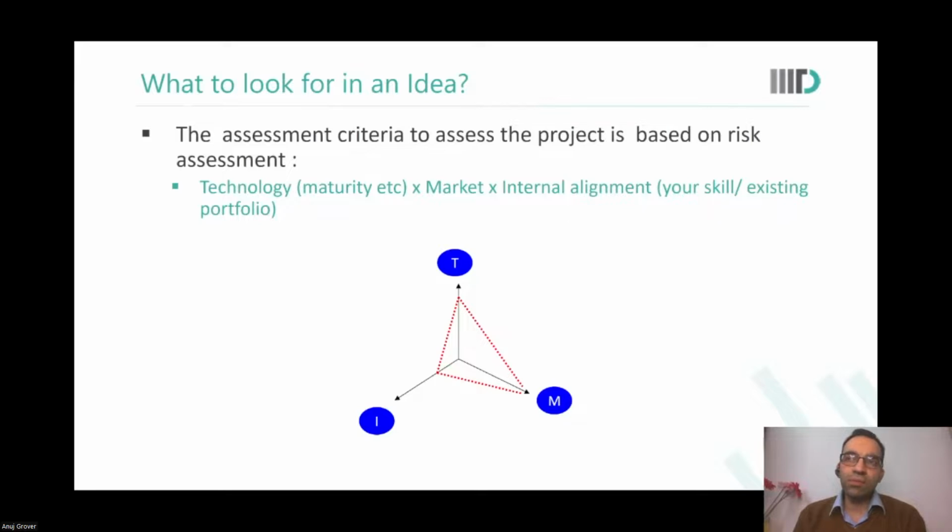The problem statement that you want to solve can be zeroed in on by using this formula, or by plotting this 3D graph, where you rate the maturity of the technology when you talk of providing one particular MPV or one kind of solution. You also rate the market size. Okay, if I really pivot on MPV4, what is the kind of market that I'm looking at?